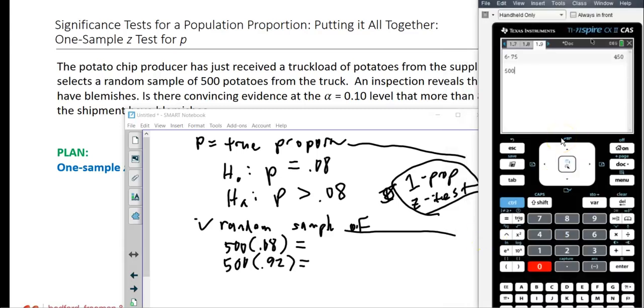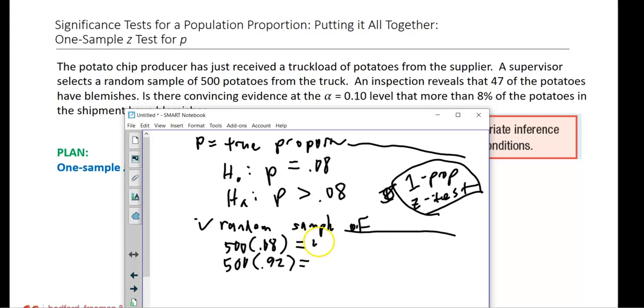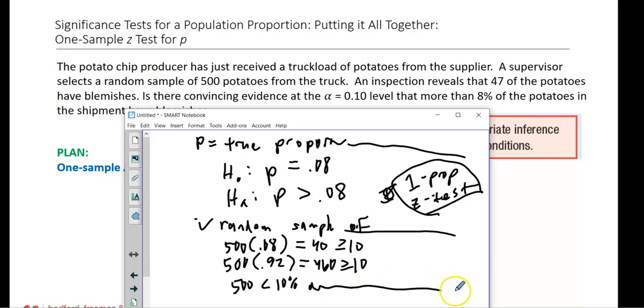Okay, so 500 times 0.08 and then 500 times 0.92. So that'd be 40 and then 460. So both of those are greater than or equal to 10. So it does pass the large counts, which means we can use a normal curve. Less than 10% condition, so 500 is certainly less than 10% of all the potatoes on that large truck.